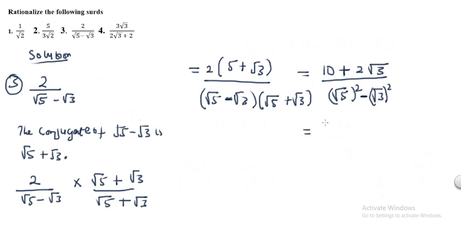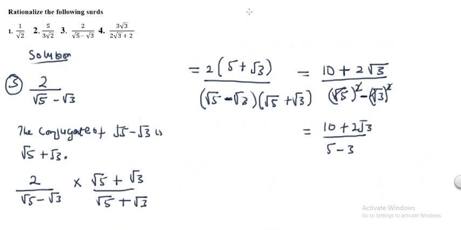This is equal to 10 plus 2 root 3 divided by root 5 square, which cancels out to 5, minus root 3 square, which cancels out to 3. Another explanation is that if you look at these two numbers, they are very much alike and they look like a difference of two squares.